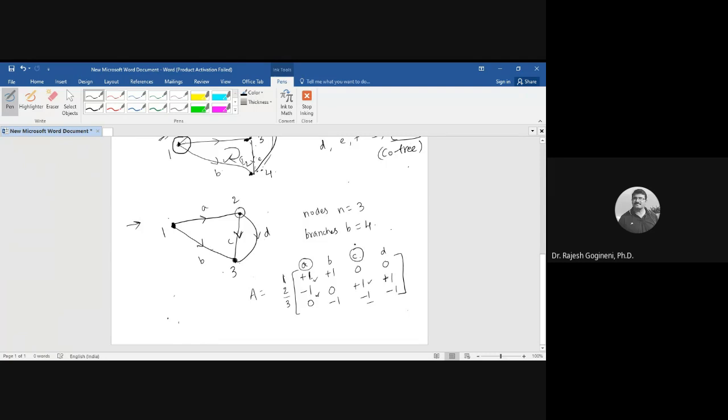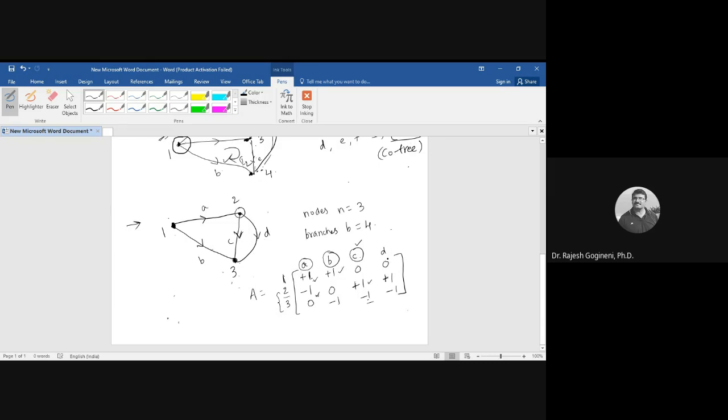So branch C lies between node 2 and node 3, and the direction is given by the sign. Similarly, branch B starts from node 1 and approaches towards node 3. So columns give the information about the branches and their direction.